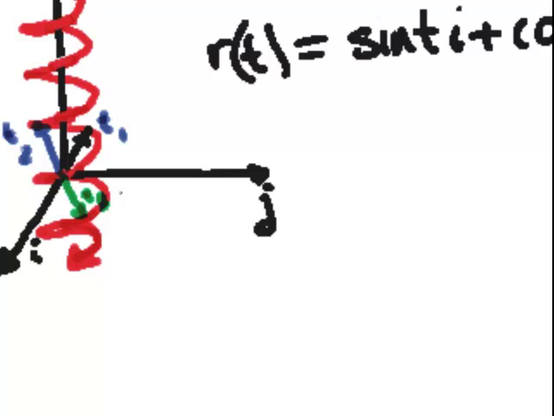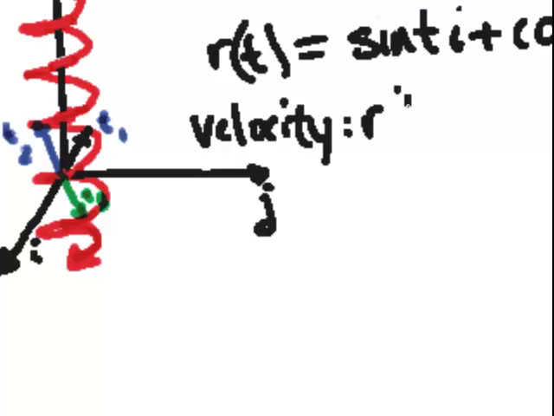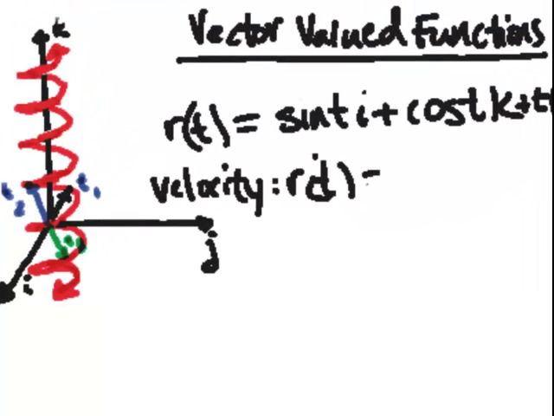Okay, there are a bunch of equations that come along with this. You can determine what the velocity of that particle is just by taking the derivative. You can determine the acceleration by doing the second derivative.